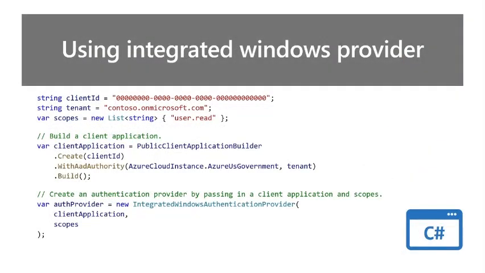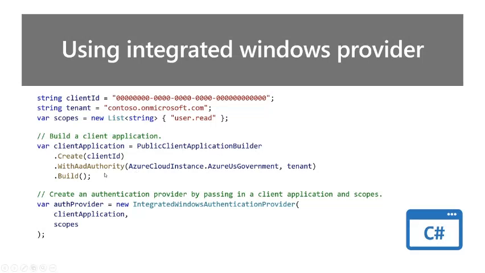The integrated Windows provider. The integrated Windows flow allows Windows computers to silently acquire an access token when they are domain joined. With this provider, you only need to provide a client ID and authority. In this context, the authority specifies the type of accounts you can allow to make requests using this token. In this example, we are only allowing requests to a specific Azure Active Directory organization on the Azure cloud.